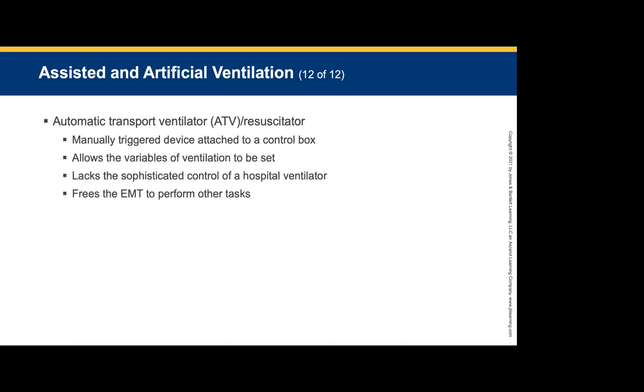Basics cannot transport these, so let's put it that way. That's going to be easy. But an automatic transport ventilator is a manually triggered device attached to a control box, but the ones that I've messed with, the patient has to be sedated and/or intubated.